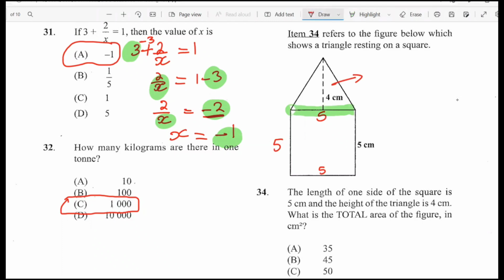So let us work on the triangular part. Remember that the formula is half base times height. So it's going to be half times 5 times 4. 5 times 4 will give us 20 over 2, so this part is actually 10.